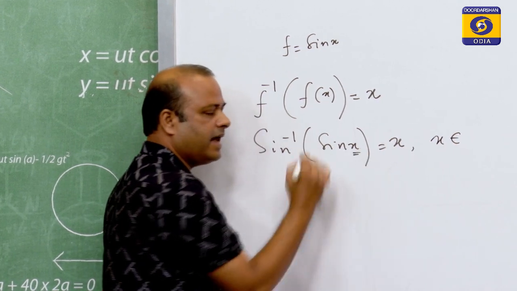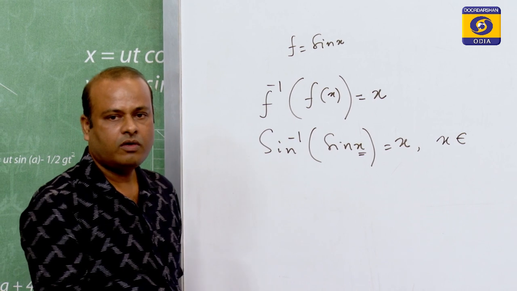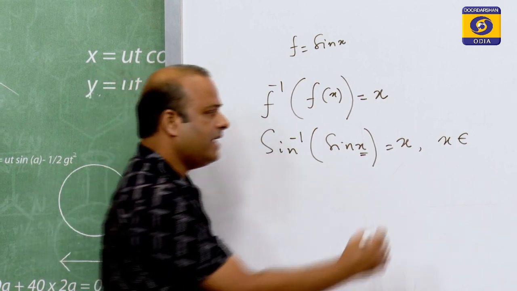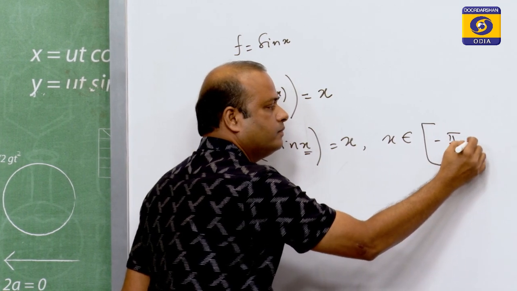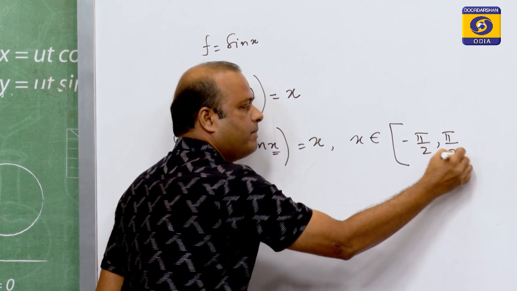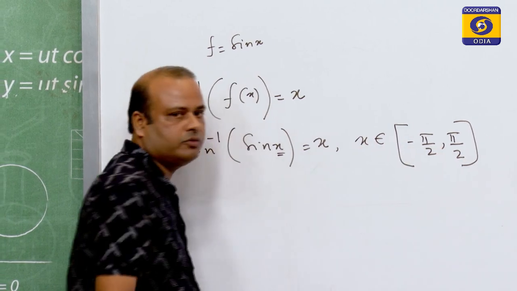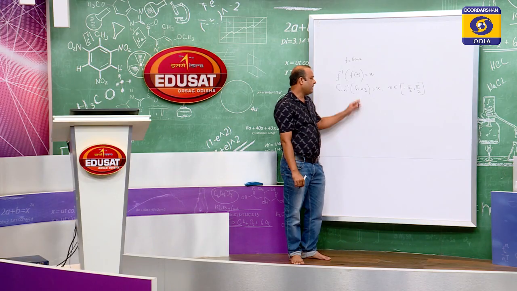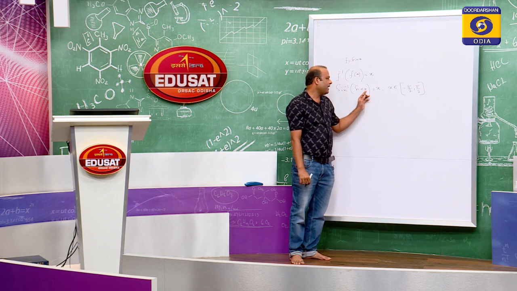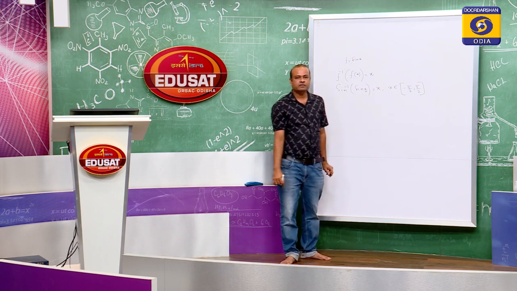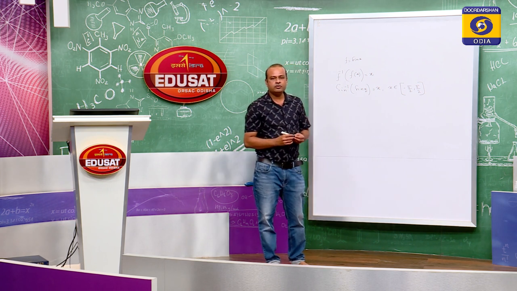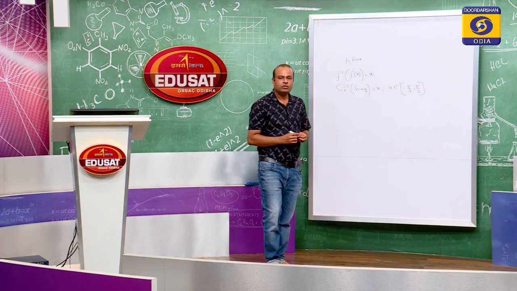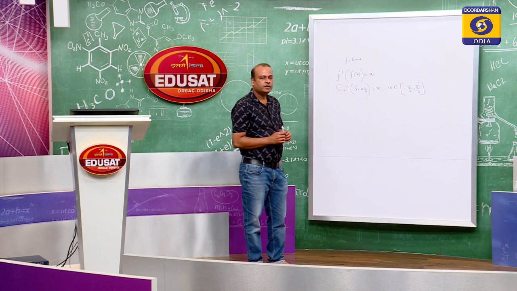Here x is an angle, not all angles; it lies in the closed interval of minus pi by 2 to pi by 2. You cannot write sin inverse sin pi is pi, because the restriction is minus pi by 2 to pi by 2 closed interval.